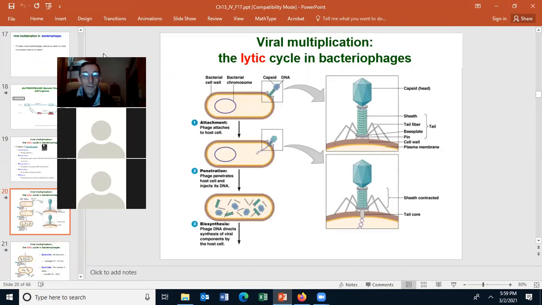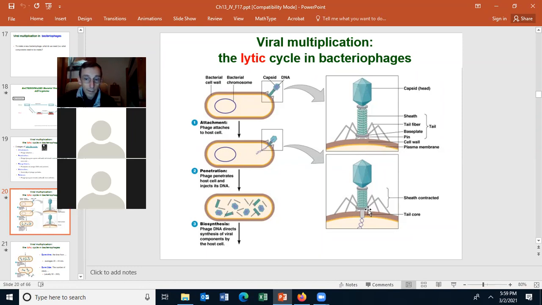All right, let's go through viral multiplication, the lytic cycle, in a little more detail. First, the virus attaches to the host cell, and remember, it's only the bottom portion of the tail fibers that attach to the host cell, and then the base plate and the pin remove the cell wall in this region, and then the virus contracts.